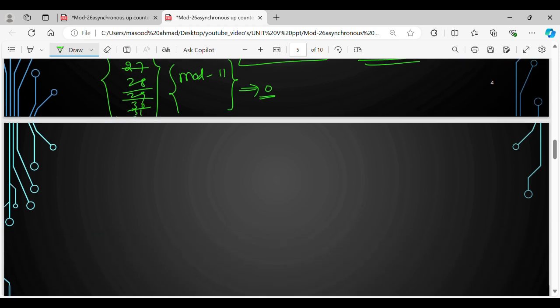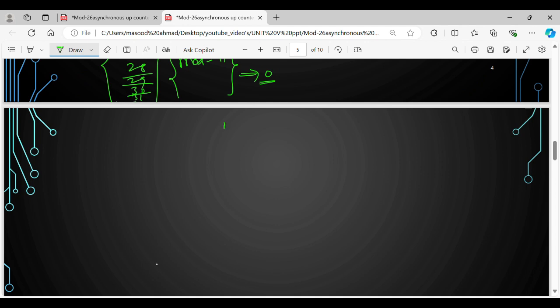So what is the binary value of 26? The binary value is 2 power 0, 2 power 1, 2 power 2, 2 power 3, 2 power 4. 2 power 4 is 16, so 16 plus 10. What is 10? 1 0 1 0.